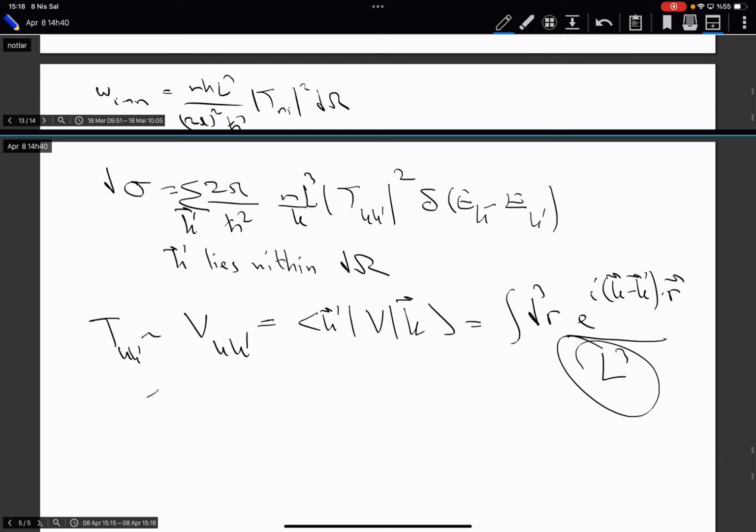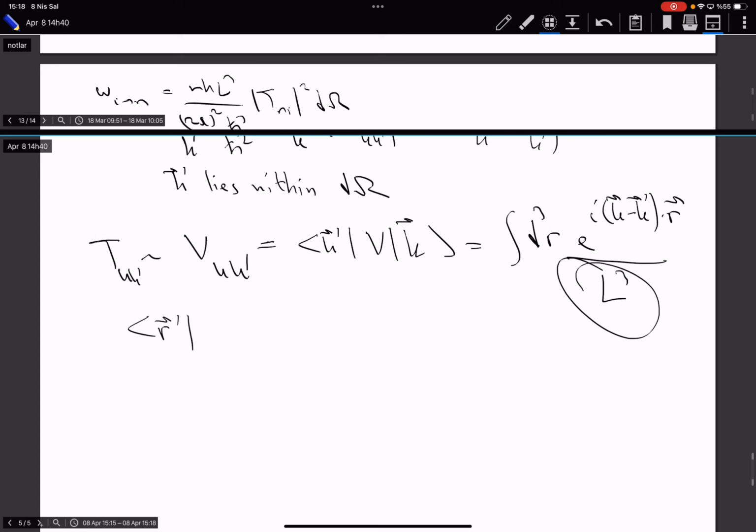Remember, the waves go as 1 over L to the three over two.